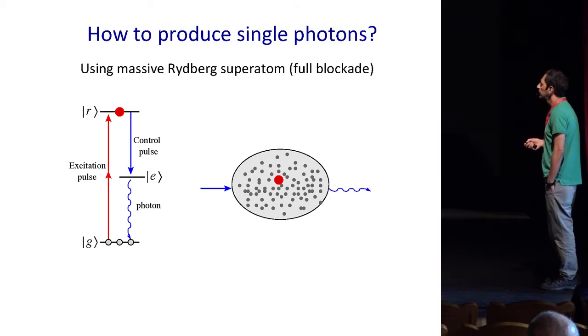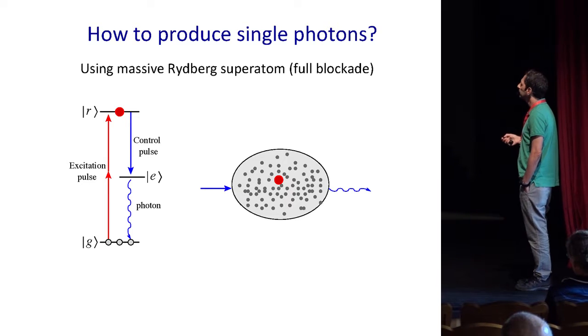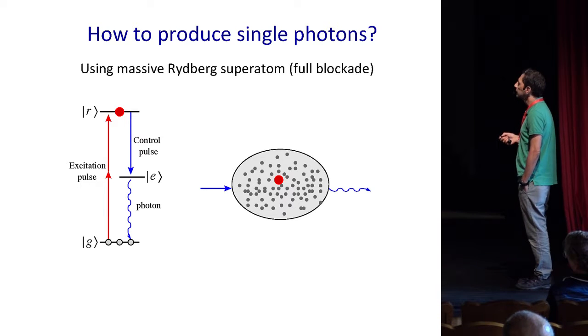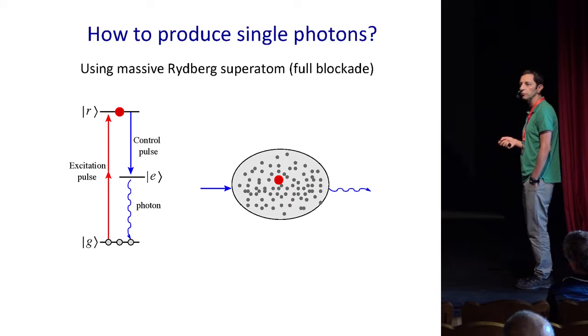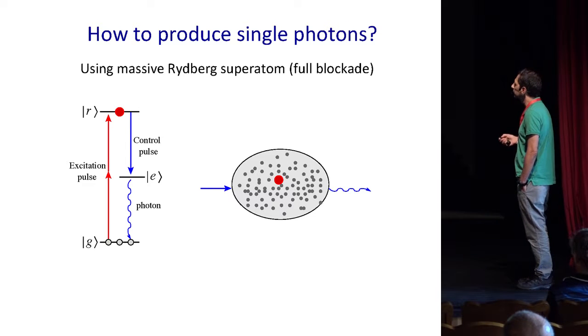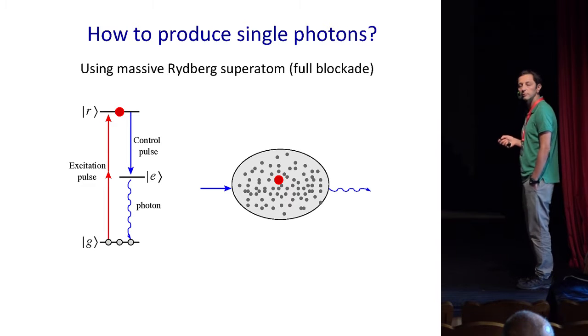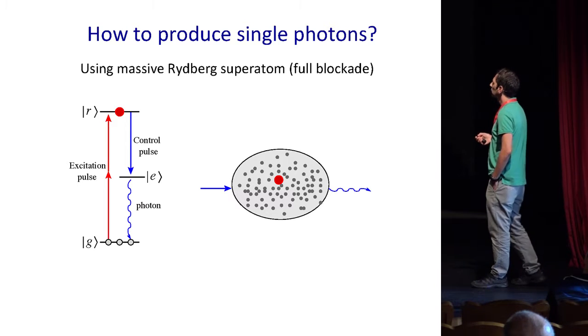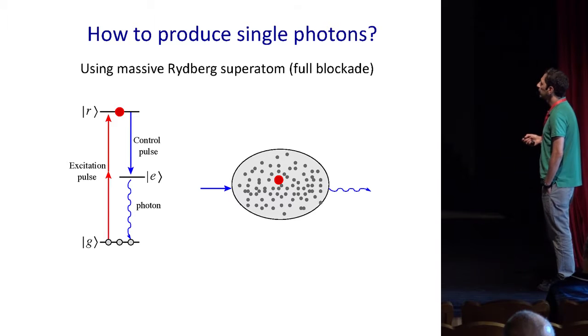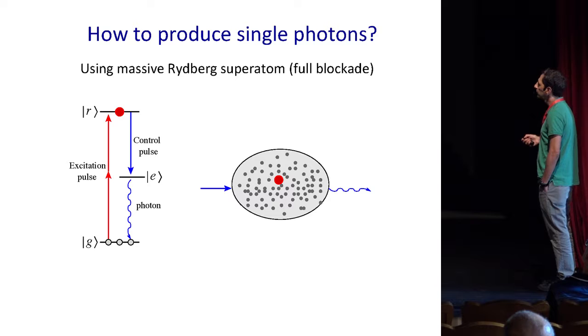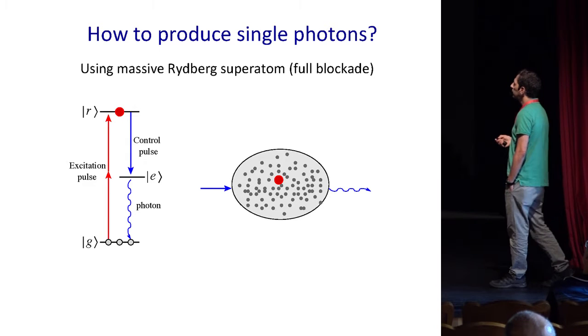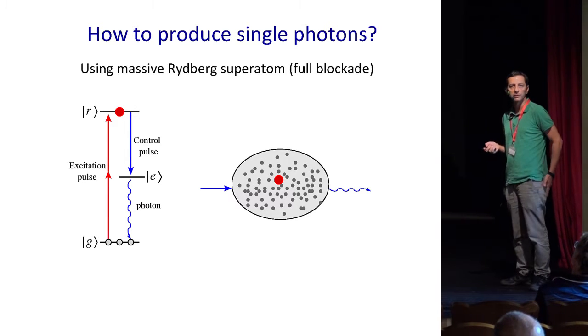Then you can excite any one of the atoms to the Rydberg state, and because of the Rydberg interactions, you cannot excite 2 or more atoms within this volume, provided the volume is small enough, so you have full Rydberg blockade. This you call a superatom. Once you have created such a Rydberg excitation, you can apply another control or driving pulse and emit a single photon into the phase-matched direction. This requires full blockade to create a single photon.